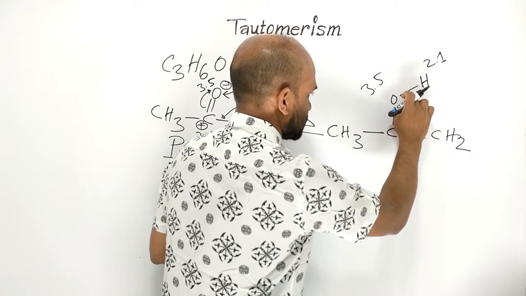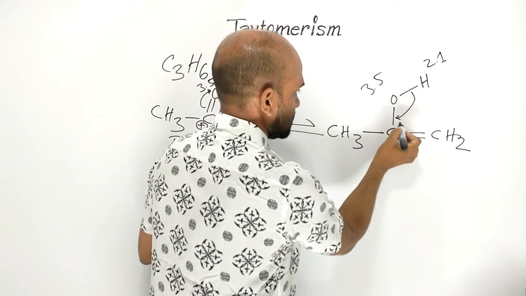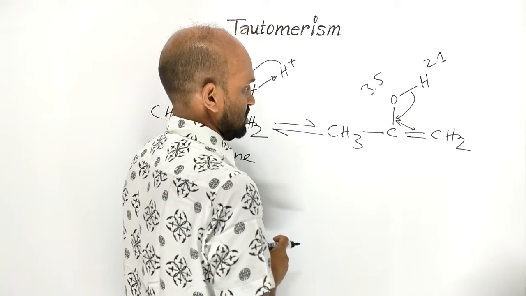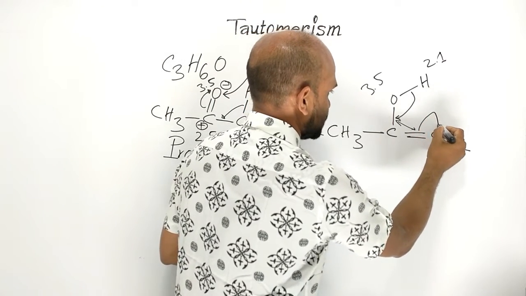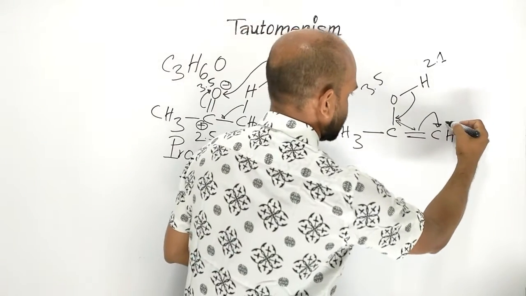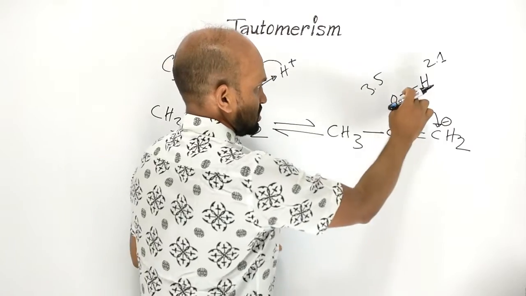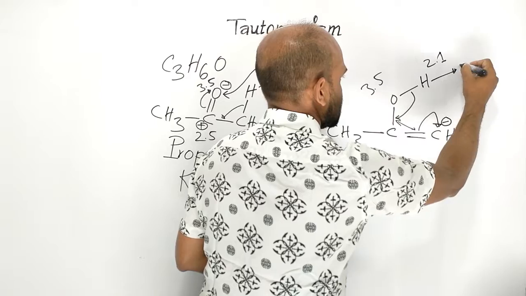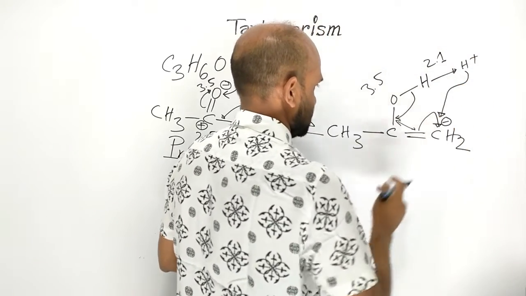When these electrons move here, then electron repulsion is created here, and as a result these pi bonded electrons move towards carbon and it becomes negatively charged. And when these electrons move here, this hydrogen is freed as proton. This proton combines with this carbon.